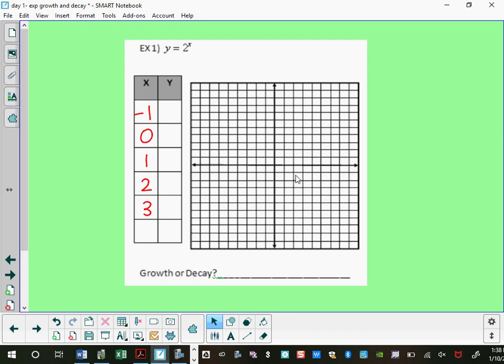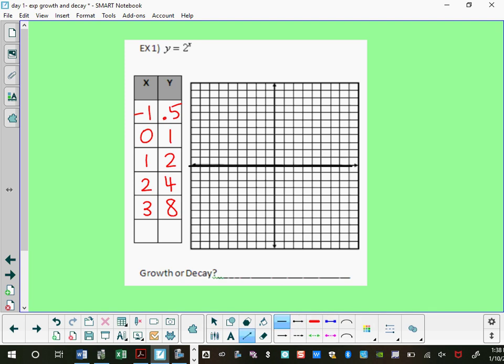All right, so let's put those points in. It was -1 and 0.5, 0, 1, 1, 2, 2, 4, and 3, 8. Once you guys write that down, I want you to go ahead and graph it. So I'm going to make my line bolder.